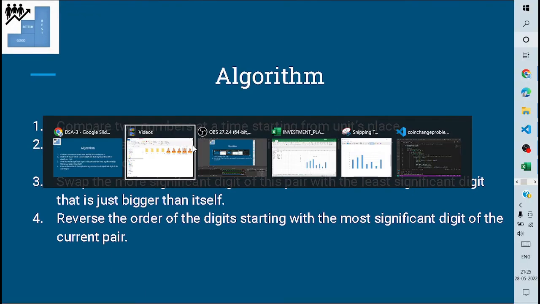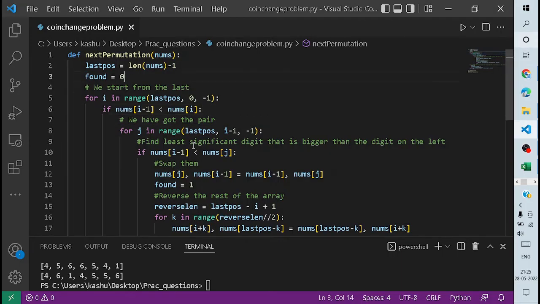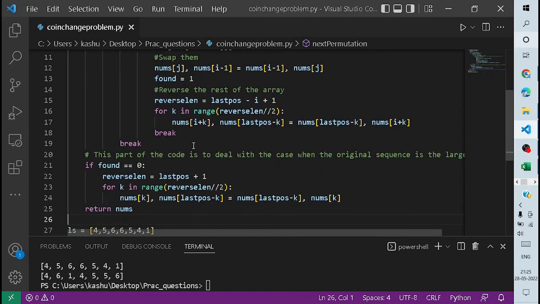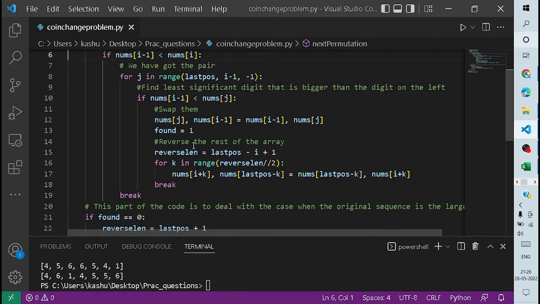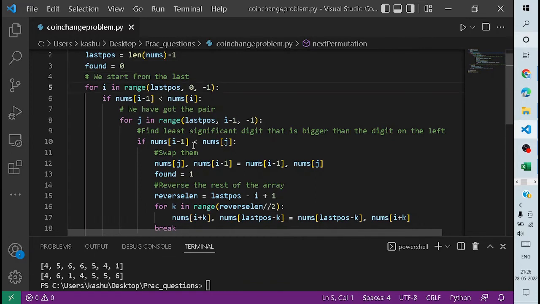And let's look at the implementation of this. The special case I have written over here is where I just reverse the complete number, and here I am writing the algorithm. Here I have found the position of the last element in the list, and I am starting from the last.